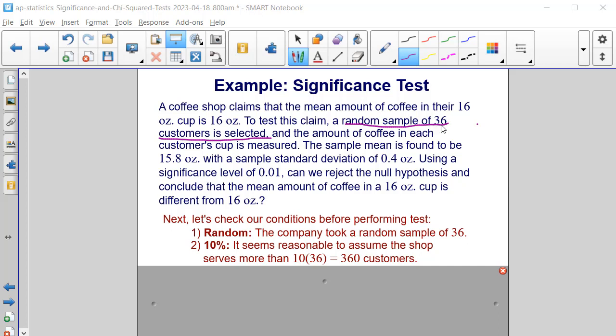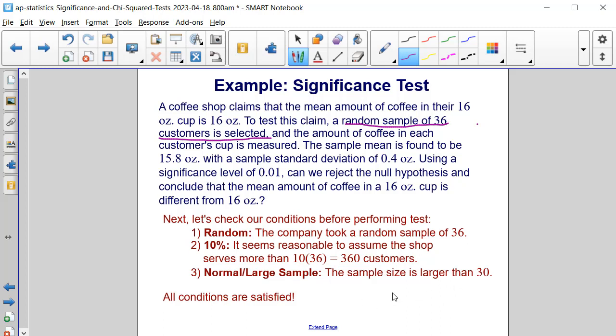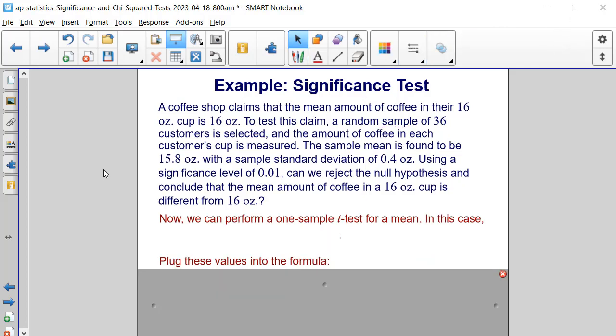Well, because it was 36 customers selected, that is greater than 30, so the last condition is satisfied also. So all three conditions are met. Since all of our conditions have been met, we can perform a one-sample t-test for a mean.